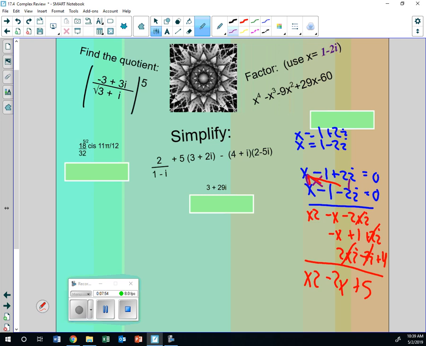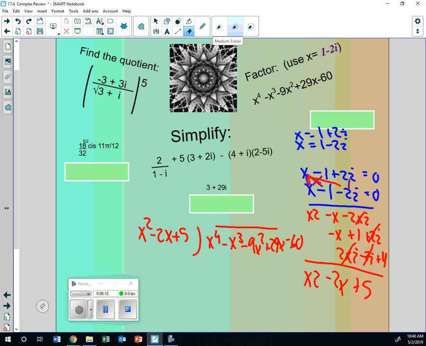Then what you're going to do is take x squared minus 2x plus 5, and divide it into x to the 4th minus x cubed minus 9x squared plus 29x minus 60. It looks horrible, but I bet it's going to work though.